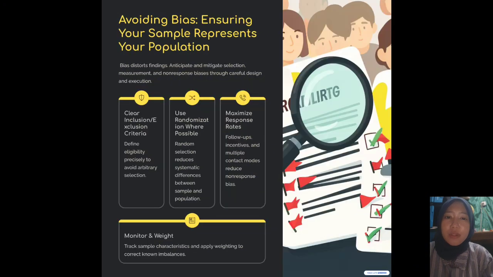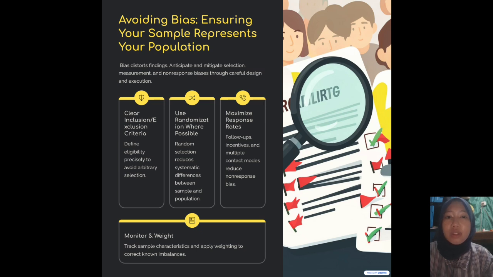Next slide. Avoiding bias. Next, we need to avoid bias in research. Bias happens when the sample does not accurately represent the population, which can lead to incorrect conclusions. To reduce bias, we should define clear selection criteria, use random sampling when possible, and try to increase response rates.